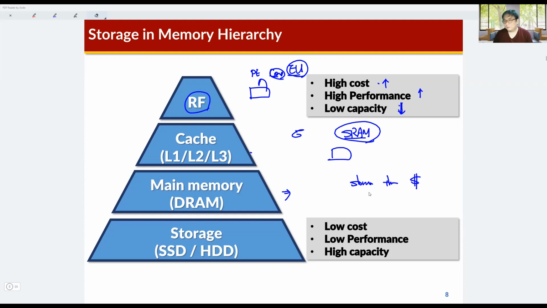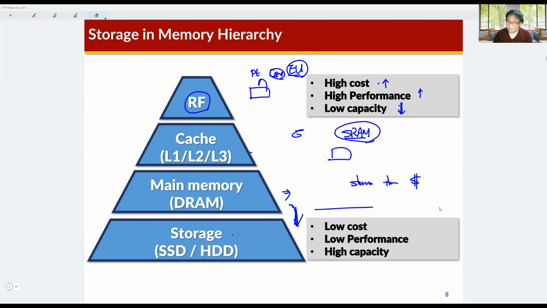But the cost is lower than the SRAM, and the density is higher, but it's still expensive. And then on the lower level of this memory hierarchy, we can find the storage.